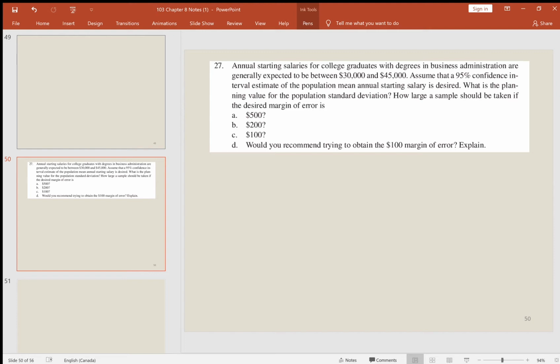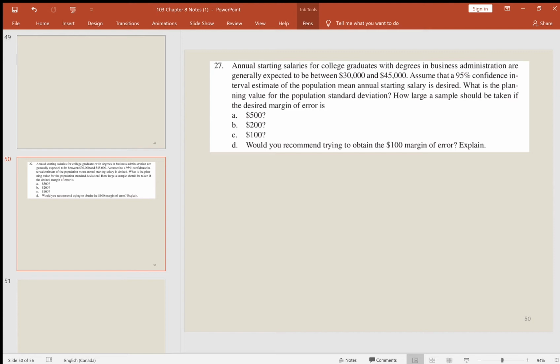Assume that a 95% confidence interval estimate of the population mean annual starting salary is desired. What is the planning value for the population standard deviation? How large a sample should be taken if the desired margin of error is $500, $200, $100, and then part D: would you recommend trying to obtain the $100 margin of error?